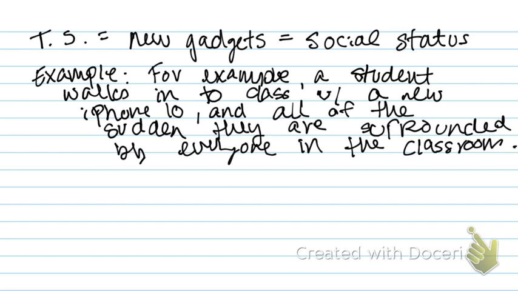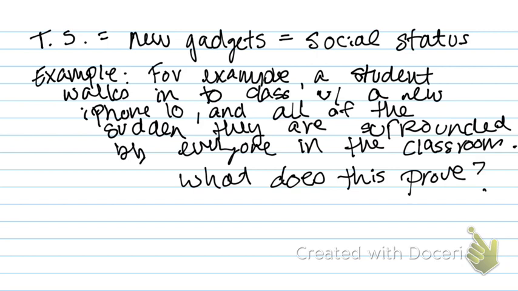But what we haven't done is tied it all together. So we haven't said, okay, basically, why is it important that they're surrounded by everyone in the classroom? What does this show, right? So we have to say, what does this prove?